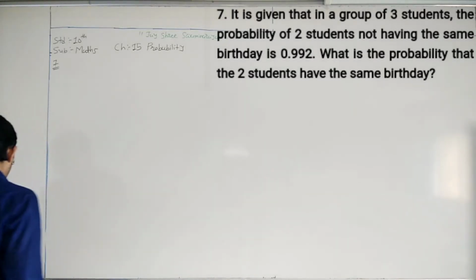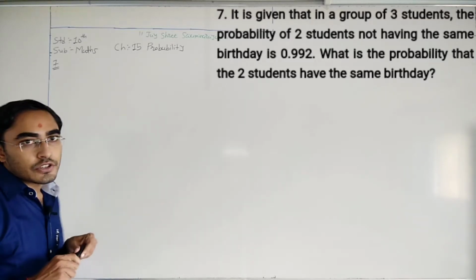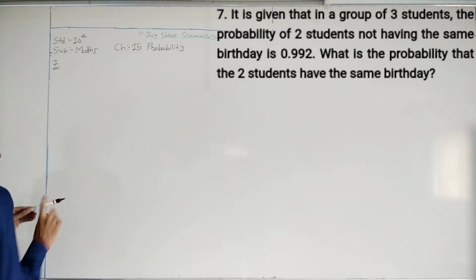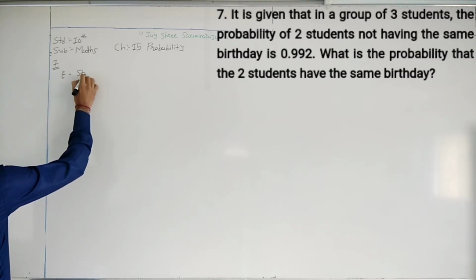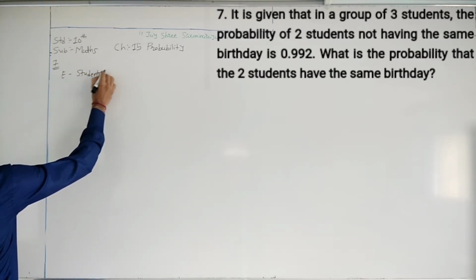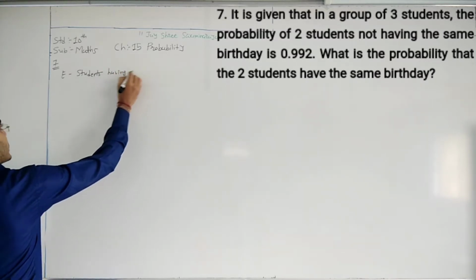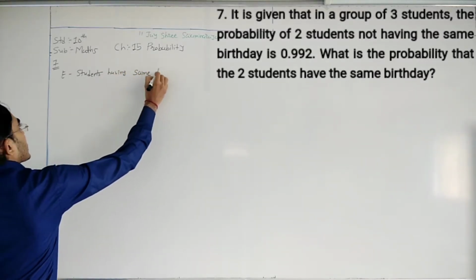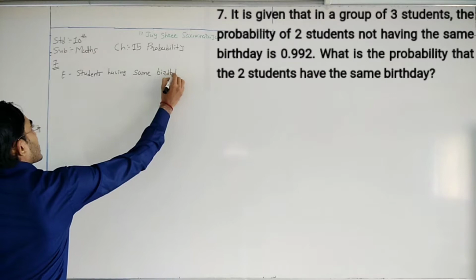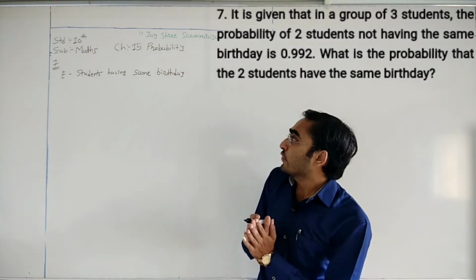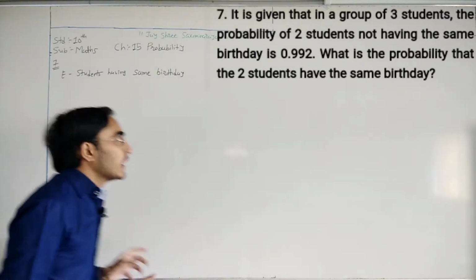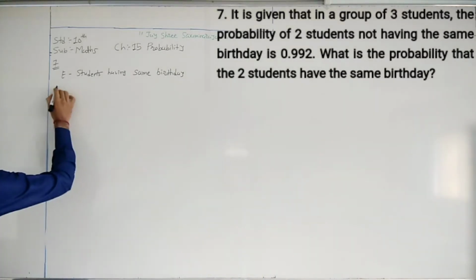First of all, here we just need to write event E. Event E means students having the same birthday. Okay, here we give the event E, it is students having the same birthday, and this probability is already given to you.